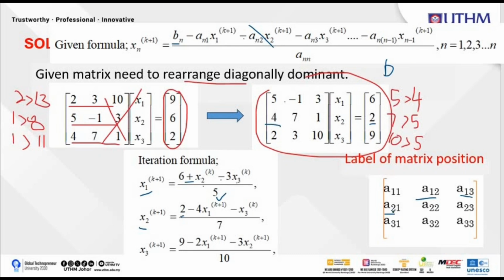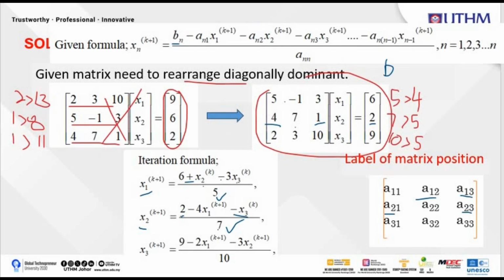The position a21 refers to the number 4, so that's why we write negative 4x1. And then look at another one, a23. a23 is this position, which refers to 1. So that's why negative x3. And then divide by a22, the other number in the second row, which is 7. So divide by 7. So this is the second formula.